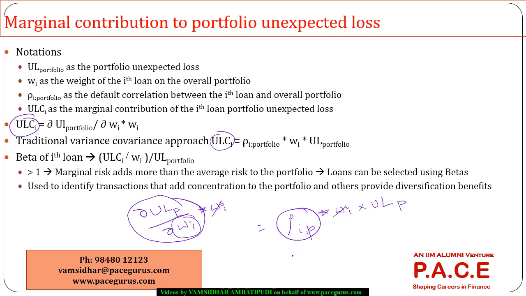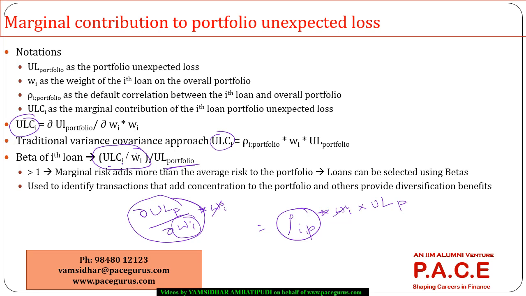Right? So this is what we are talking of, and based on this, even the correlation between the two can easily be understood. And based on this, it's also coming out that the beta of the ith loan is simply the overall contribution divided by the weight. So this is a weight adjusted contribution divided by the unexpected loss of the overall portfolio.